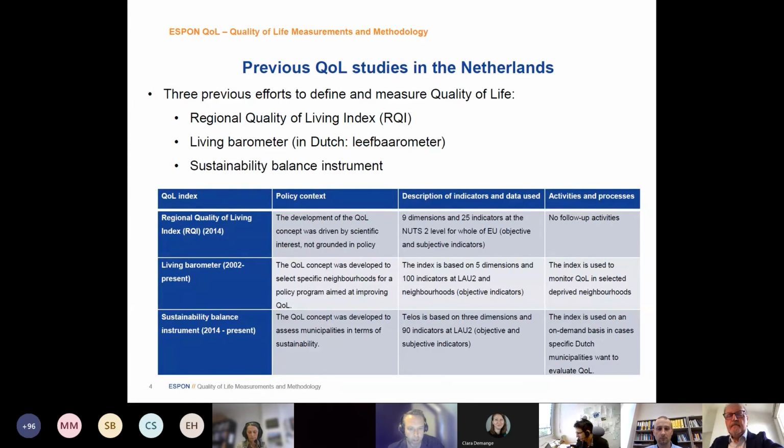We have the Living Barometer, which is actually very firmly grounded in policy, because it's also used to select neighborhoods for quality of life enhancement programs. So it's very well embedded in policy. And then we have this sustainability balance instrument, which is developed by several municipalities in the Netherlands and also used to measure quality of life.